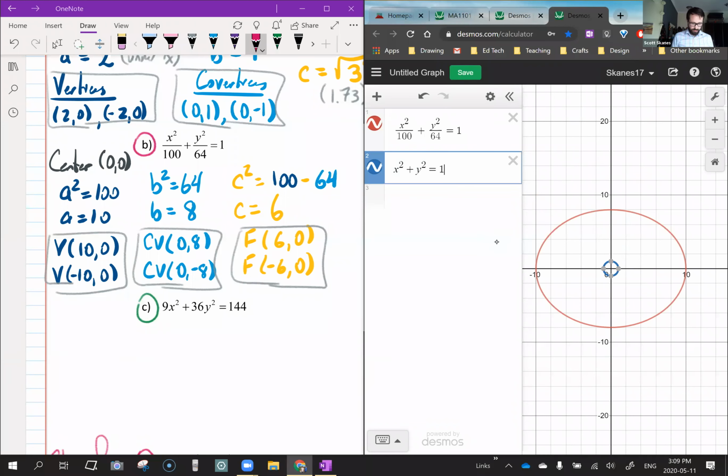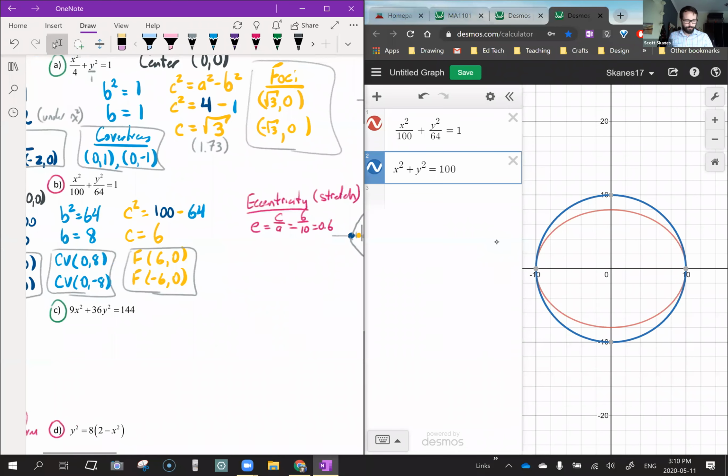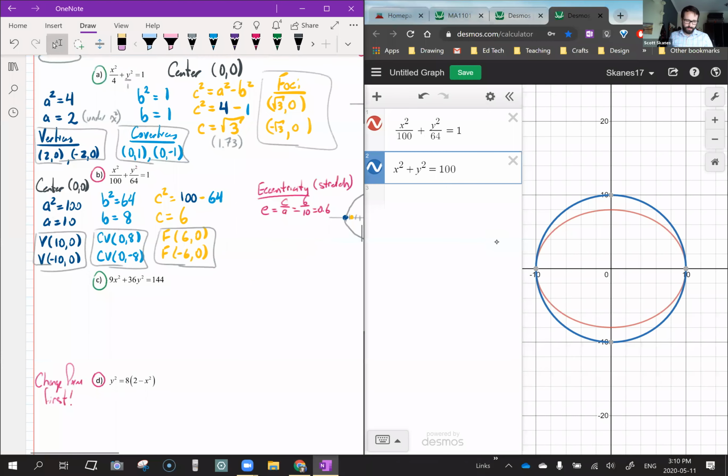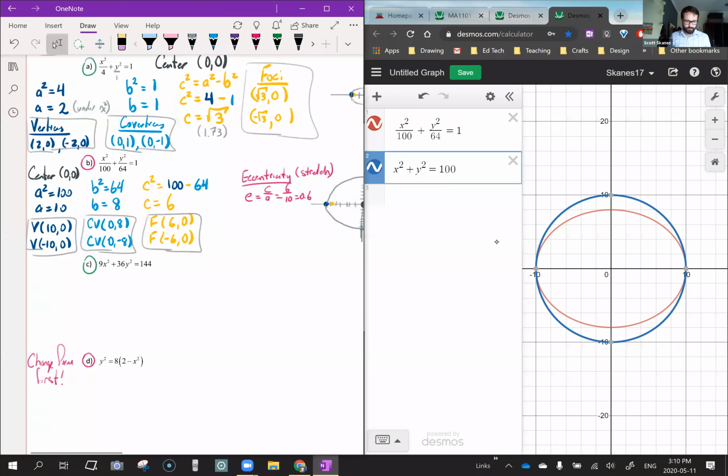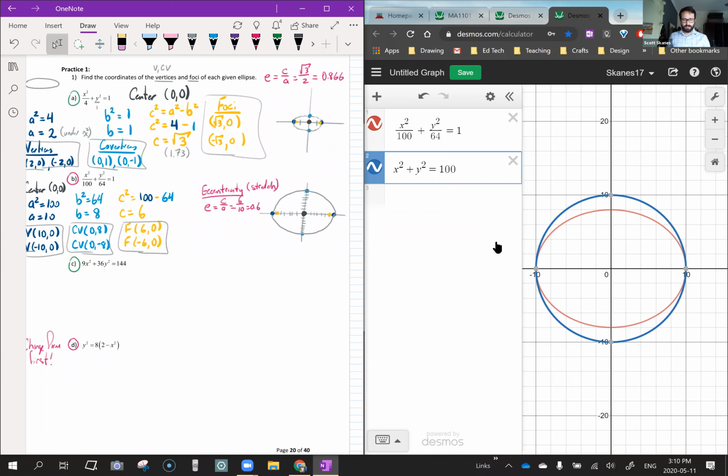We'd have a standard radius of 100. We can see it's been squished. So actually the 64% thing wasn't so accurate, 60% thing wasn't so accurate, but you get the basic idea. It's almost like the circle used to be the blue one. And then we're saying, let's make it an ellipse. Let's just squish it down just a little bit. And we end up getting the ellipse. That's the big idea.